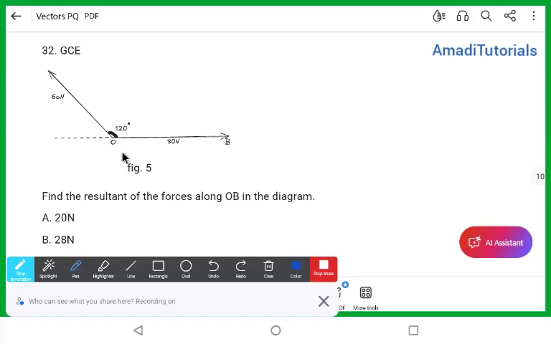There are two ways we can do this. Number one, we can use the parallelogram law of vectors.